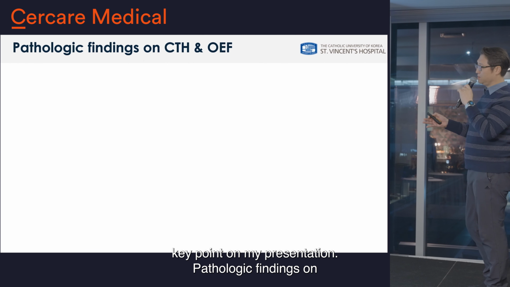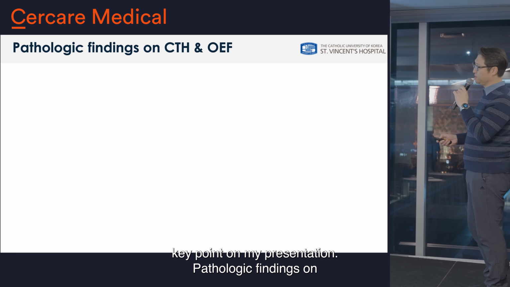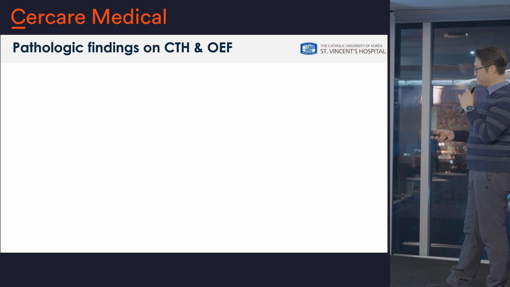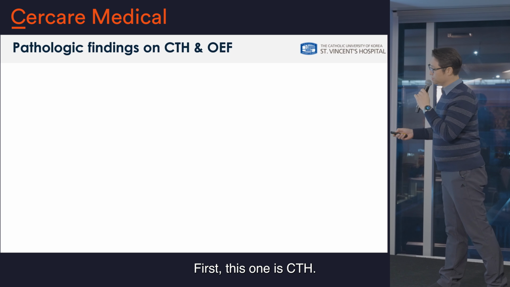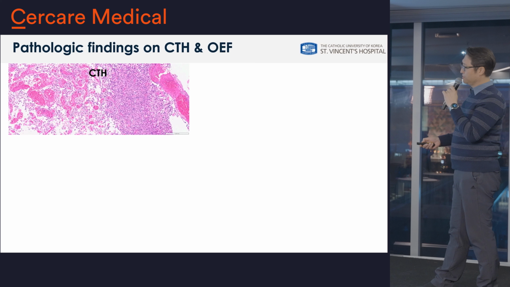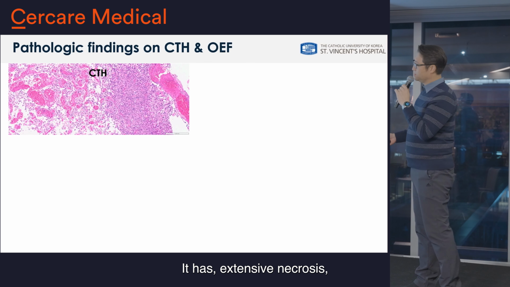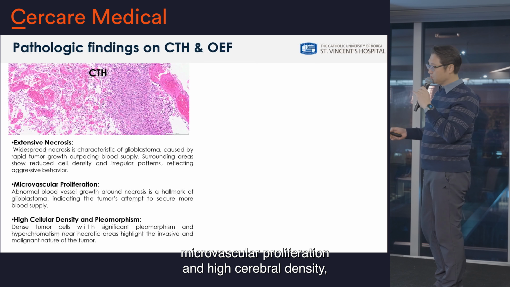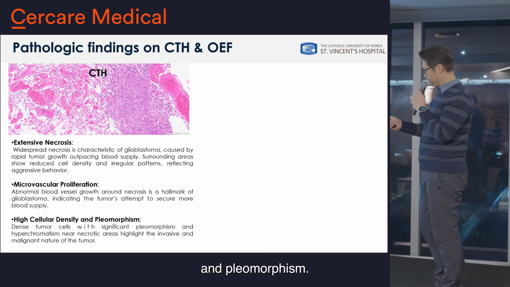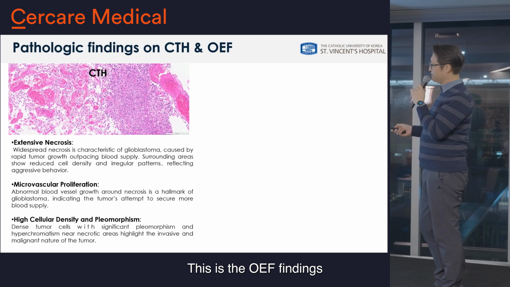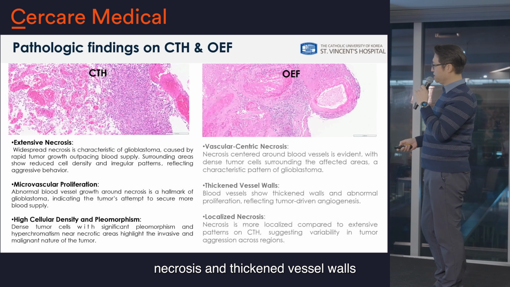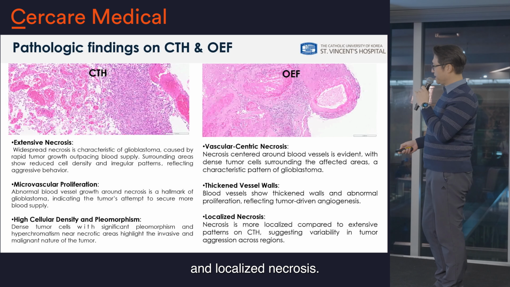This slide is a key point of my presentation. Pathologic findings on CTH and OEF. First, this one is CTH. It has extensive necrosis and microvascular proliferation and high cellular density and pleomorphism. This is the OEF finding. There is vascular-centric necrosis and thickened vessel walls and localized necrosis.